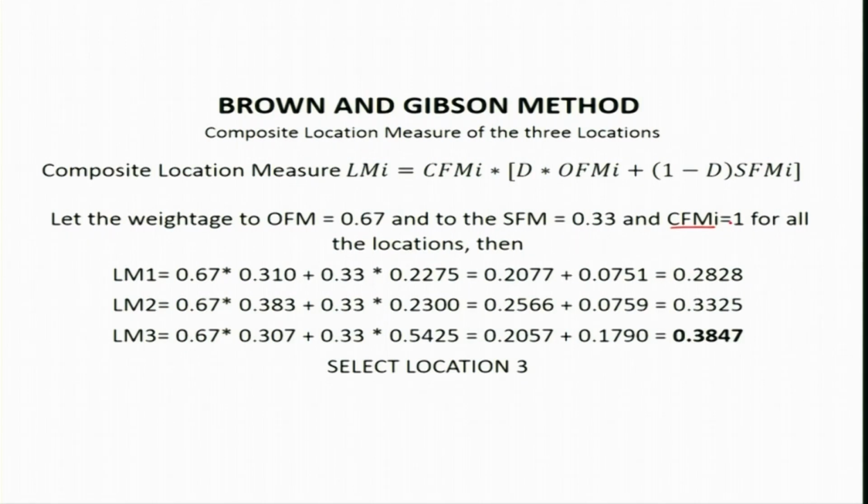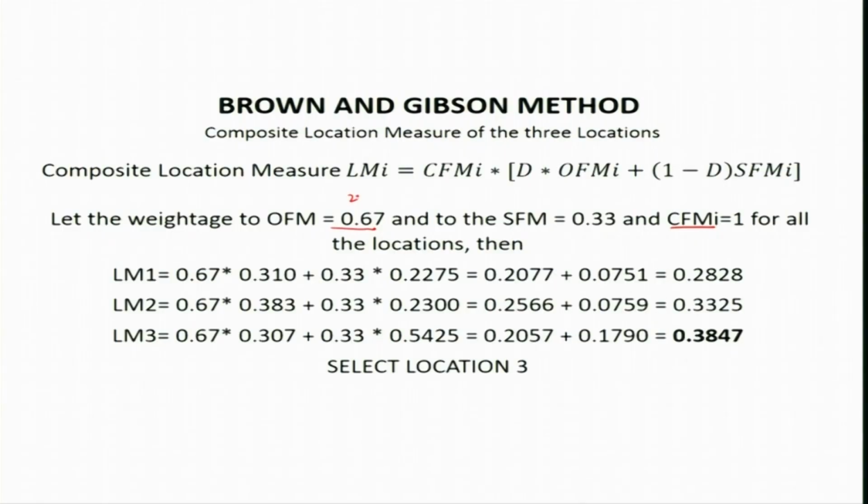That means all the 3 locations qualify as far as the critical factor is concerned. Further, we assume a weightage of 2/3 to the objective factors and 1/3 to the subjective factors. Keeping that in mind, we will now calculate the location measure for locations 1, 2 and 3.